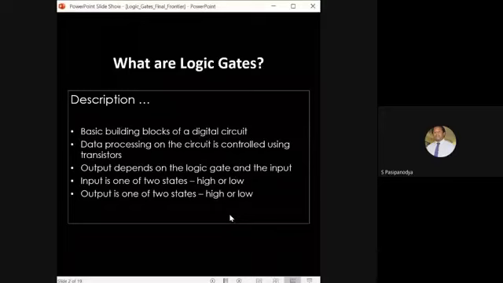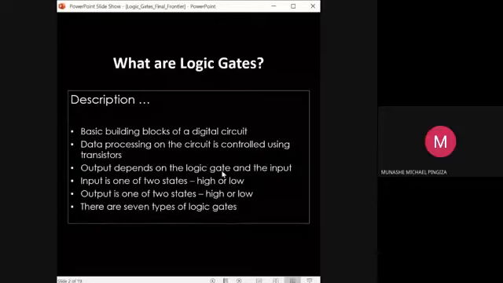Or we can have two input types that are low, for example, a 0, and the output type is going to be a 0. So depending on the type of gate you're using, you can also affect the type of output that you are going to have at the end of the day. Is it making sense, ladies and gentlemen, so far?